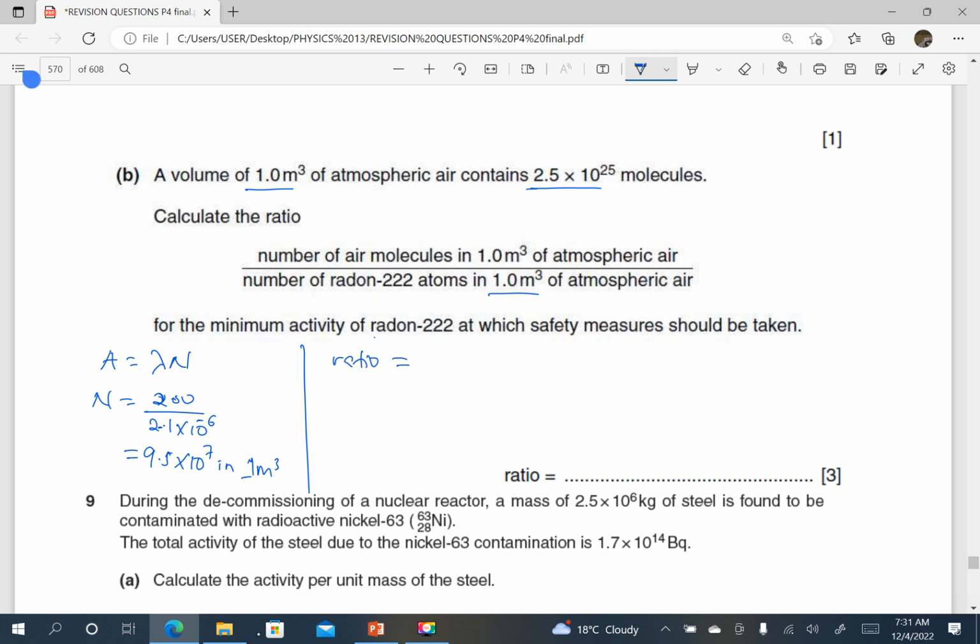The ratio is going to be 2.5 times 10 power 25 divided by 9.5 times 10 power 7.